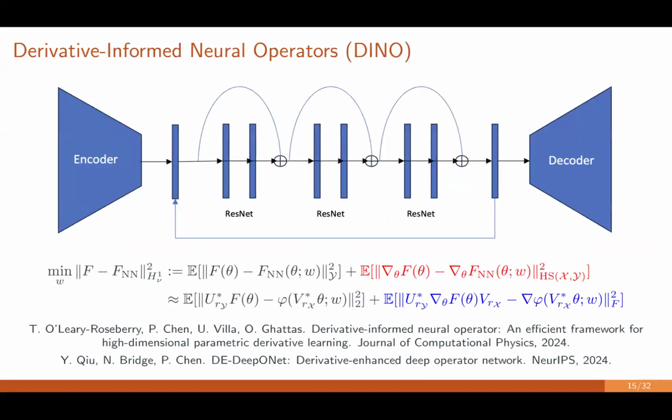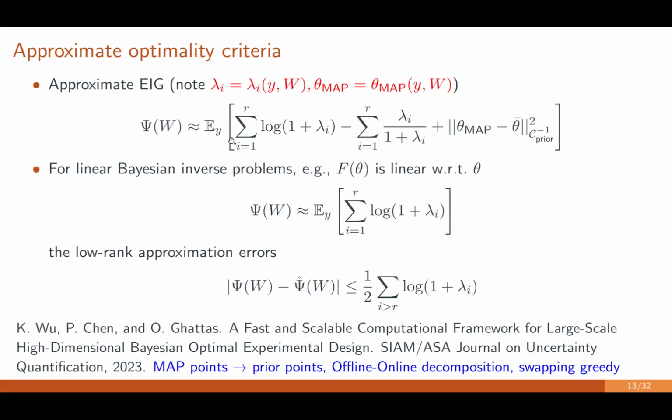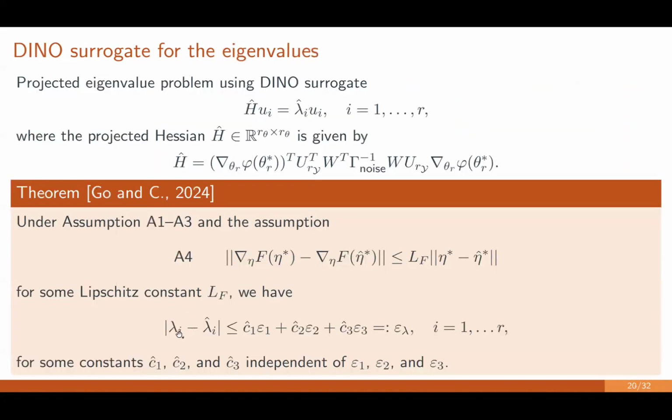After that we can evaluate the EIG, and then we can apply some greedy algorithm instead of a derivative-based algorithm. You're not tracking them somehow? You just compute them and that's it. Yeah, that's right. We just compute it. And as long as we can compute it cheaply, then we can evaluate this EIG many, many times, and then we can apply some greedy algorithm. In fact, we applied a swapping greedy algorithm.